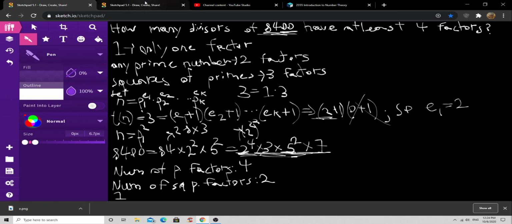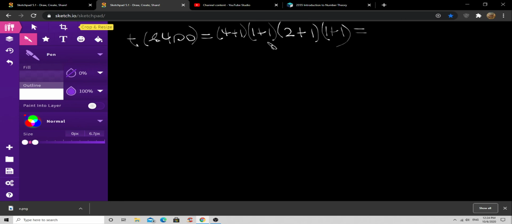Those are just the exponents of the prime factors. This equals 5 times 2 times 3 times 2, which is 60. So this is the total number of factors of 8400.